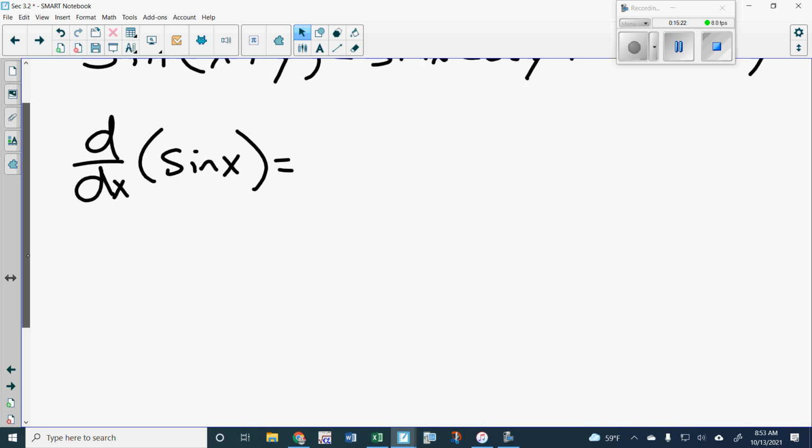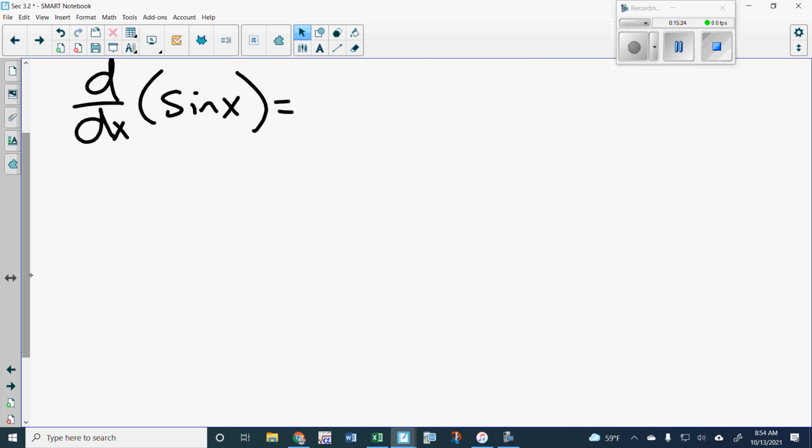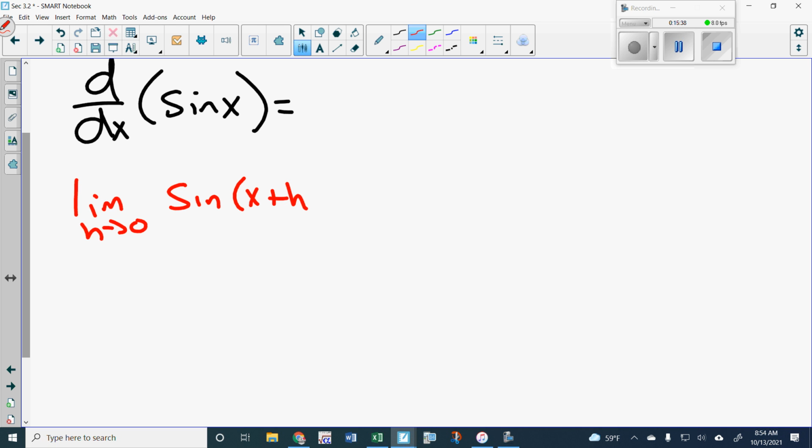So we're going to use our definition of derivative: the limit as h goes to 0 of f of x plus h, so that's the sine of x plus h, minus sine of x, all over h.